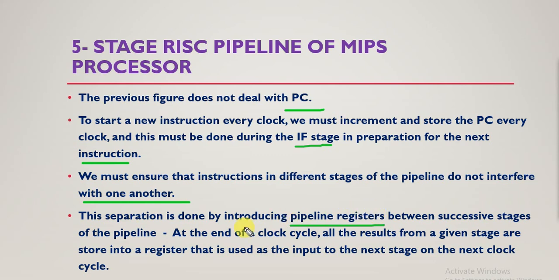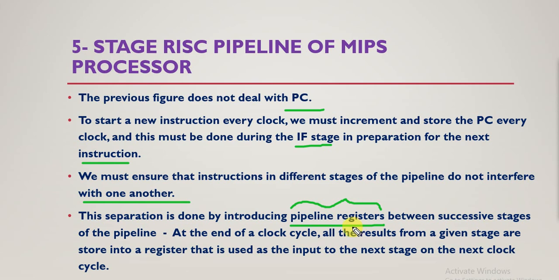So similarly, after the completion of each stage, we are maintaining a separate hardware portion, called pipeline registers, that is to be placed between two different stages, so that after the completion of one stage, whether it should go into the next stage or not, that decision will be made by the pipeline registers.